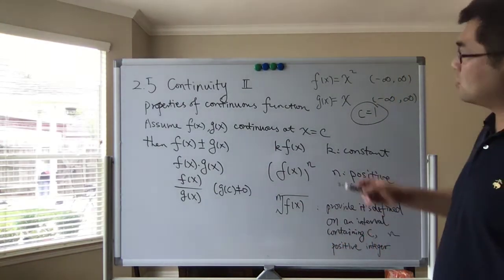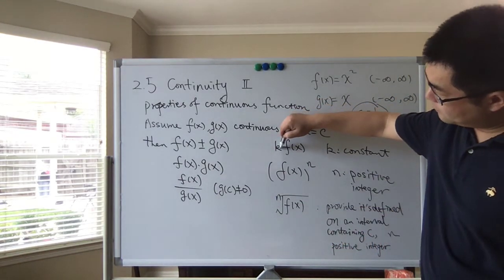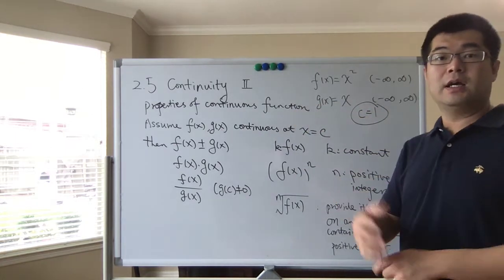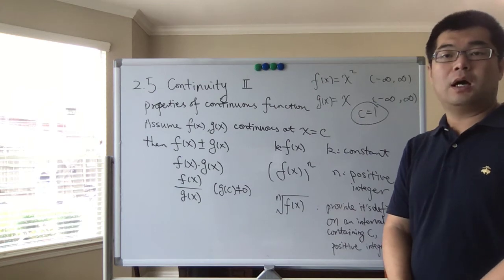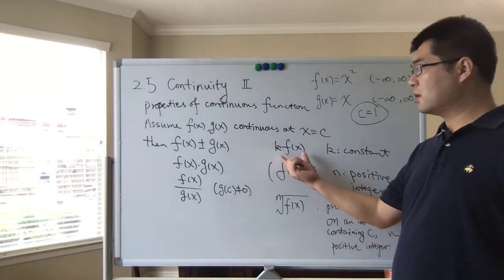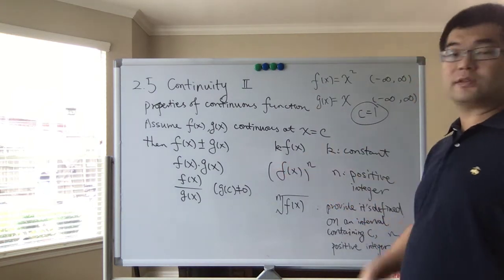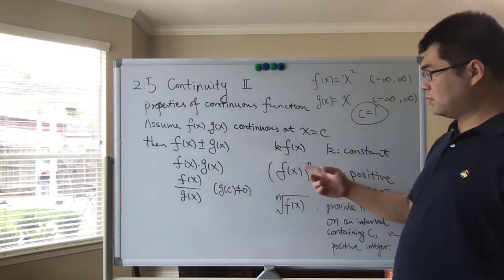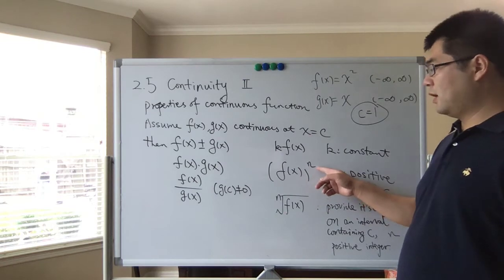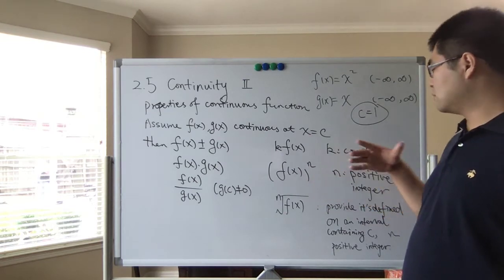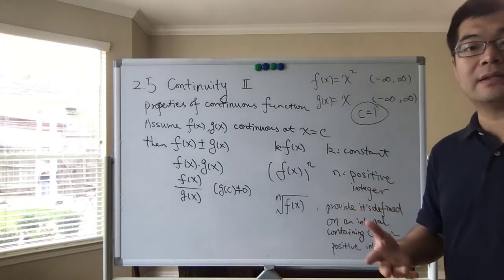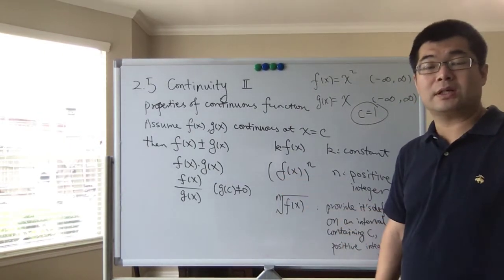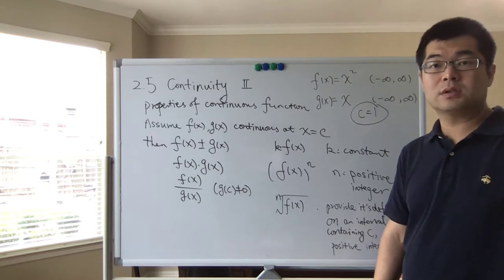Okay, and also, if you multiply a constant to any of these functions, let's say k times f(x), this function is also continuous at x equals c. Okay, so we can also do the power. So f(x) raised to a power n, and also make sure that n is a positive integer. So this function is also continuous at x equals c.